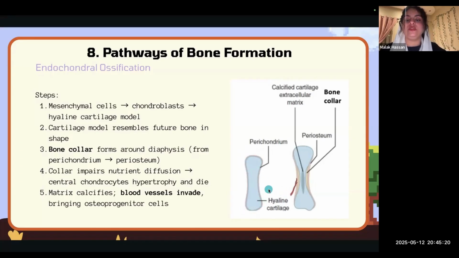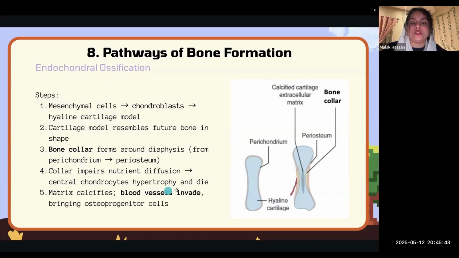Now, what happens is that there's going to be something called a bone collar. It's kind of like a constriction that forms around the diaphysis of the bone. Okay, remember how we said endochondral usually happens in long bones? So there's going to be a bone collar forming around the diaphysis from the perichondrium to the periosteum.